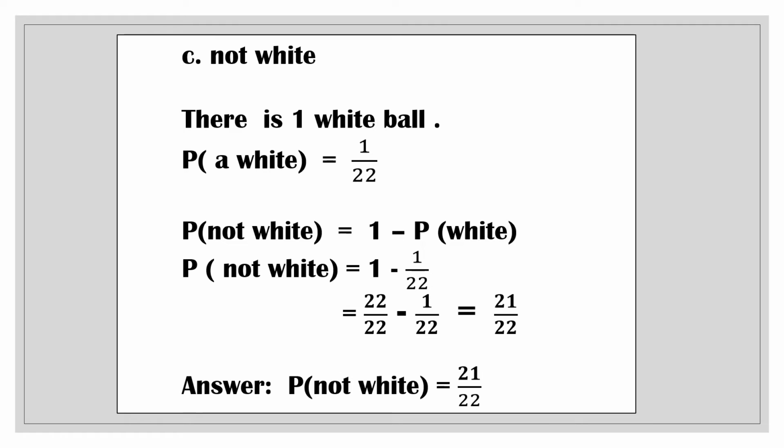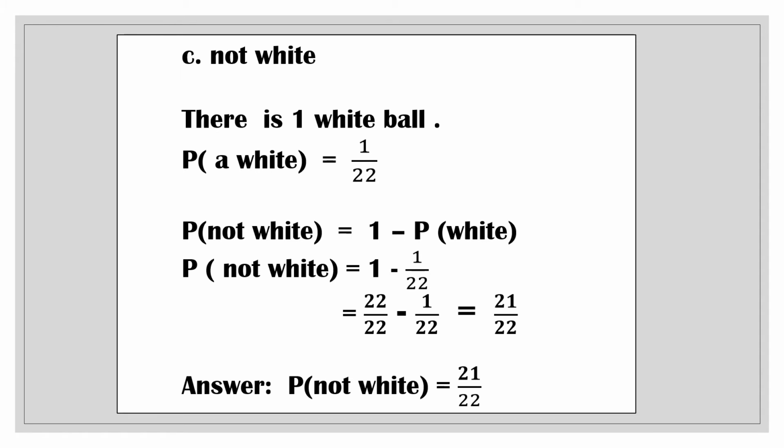Okay, so for letter C, find the probability of not white. We know that in the snooker, there is one white ball only. So the probability of a white is equal to 1 over 22. So out of 22 balls in the snooker, you can choose only one white ball. So this is the probability of an event happening. Now, the probability of an event not happening. By following the formula, probability of not white equals 1 minus the probability of white.